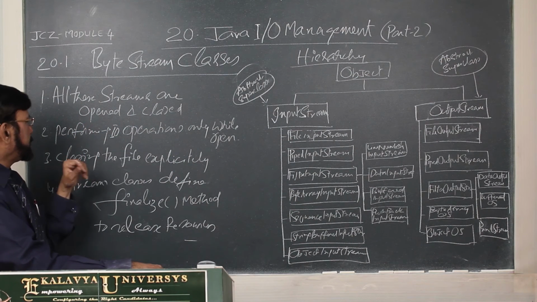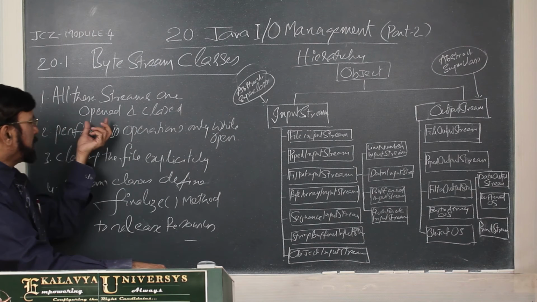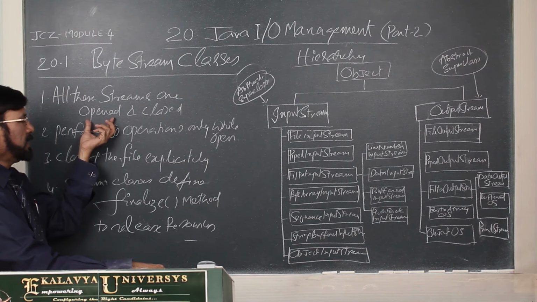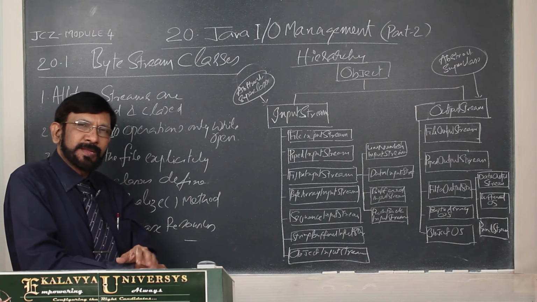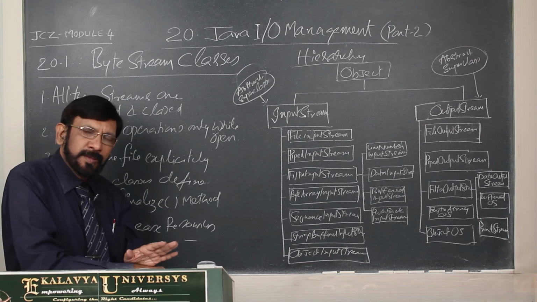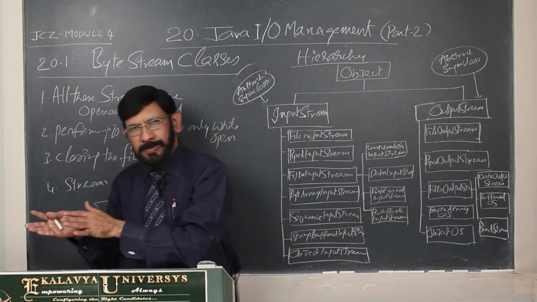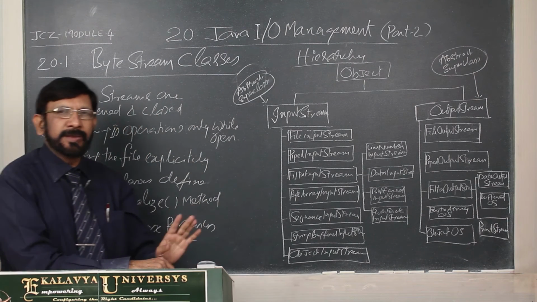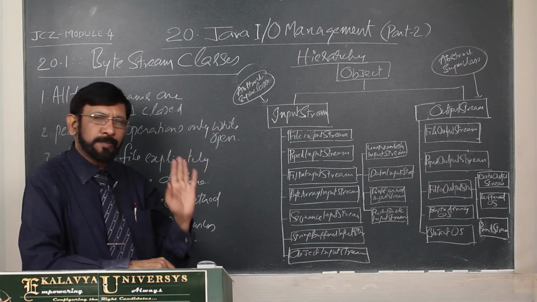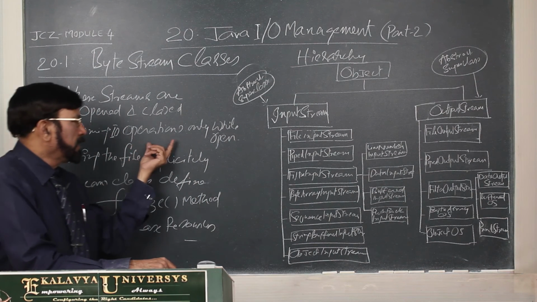So, when can we perform operations? When the class is open, then only we can perform operations. For input purpose we have to open, for output purpose we have to open. So, when it is open, then you can perform IO operations. That point you must remember.